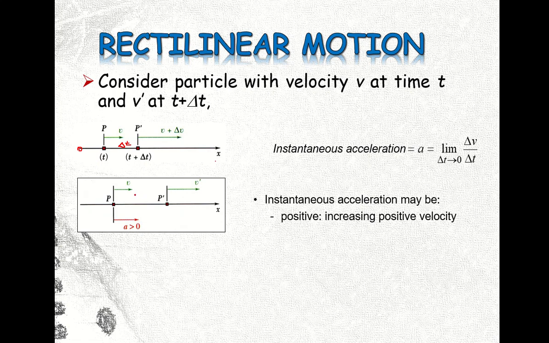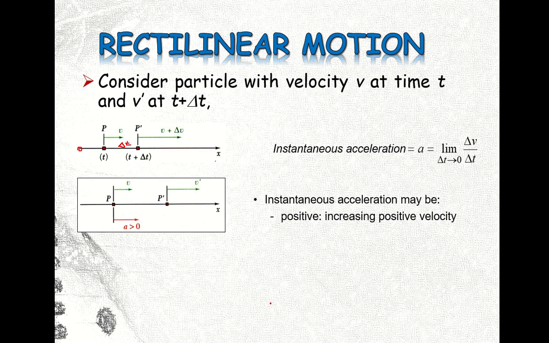So that is positive. If it's from slower speed to faster speed, it means the velocity is changing from slower to faster, so the acceleration is positive. Okay, so increasing positive velocity. That is what we call instantaneous acceleration that is positive.